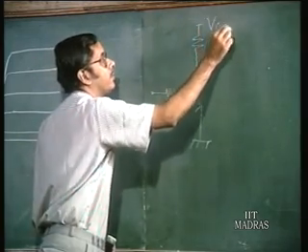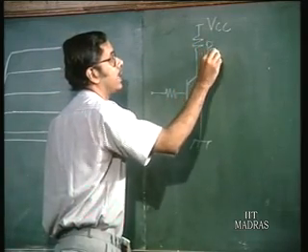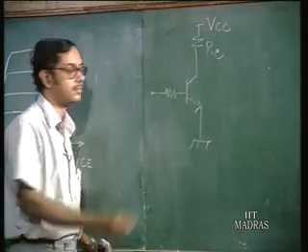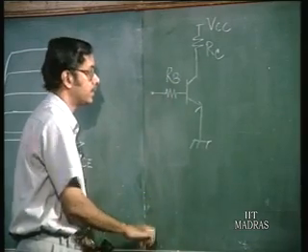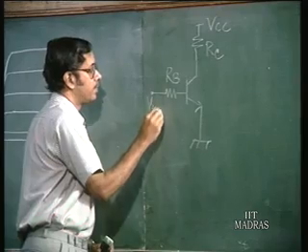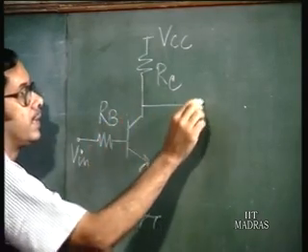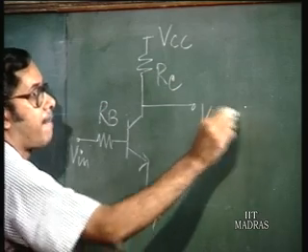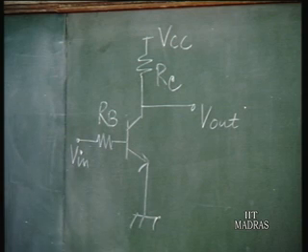So you have a voltage here, VCC. This is a resistance, the collector resistance. You have a base resistance, and you have an input voltage. Let this be the output voltage. So this is the given circuit.